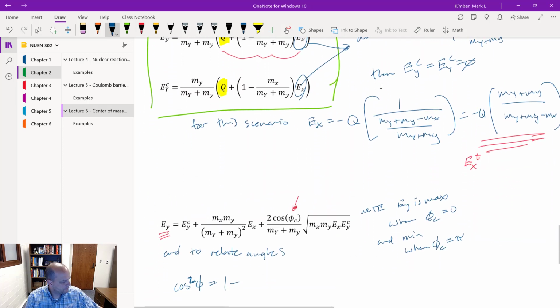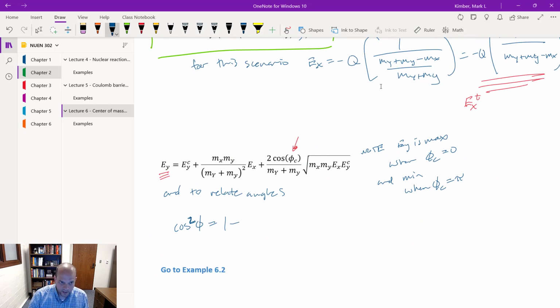The expression is we've got the lab angle on one side, and this is now the ratio of the energy of the light product in the center of mass reference frame and the light product kinetic energy in the lab reference frame, 1 minus the cosine squared of phi. This is phi c, sorry. So this here is going to be the scattering angle or the emission angle in my center of mass reference frame.